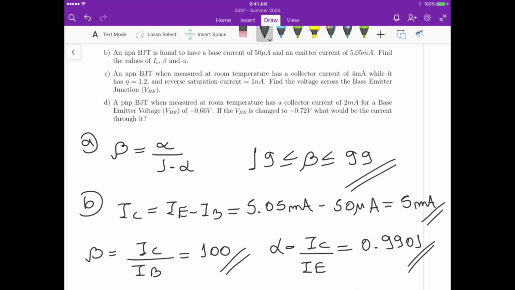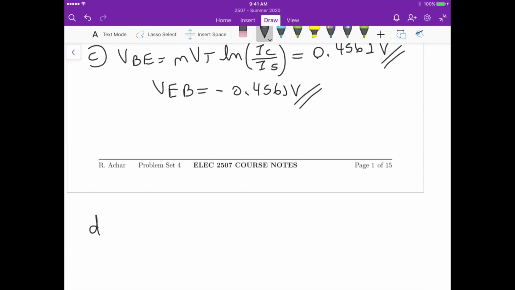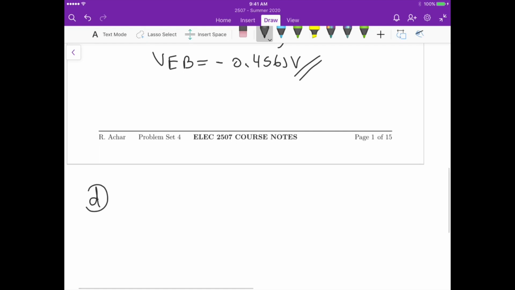So in this case, for part D, first we need to calculate the saturation current for the standard case. So IS is equal to IC divided by exponential of VEB divided by VT.